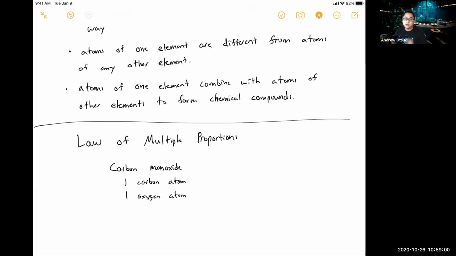So carbon monoxide is a ratio of 1:1, and the weights will be proportional to the coefficients.